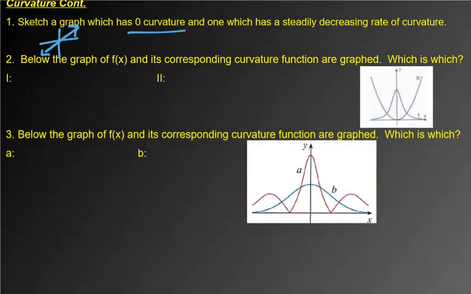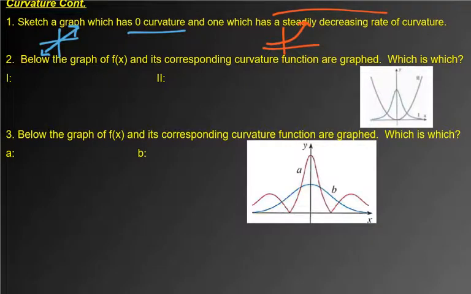Something that has steadily decreasing curvature could be like exponential, we'll say. So if you want a steadily decreasing rate of curvature, you could do something like e to the x.